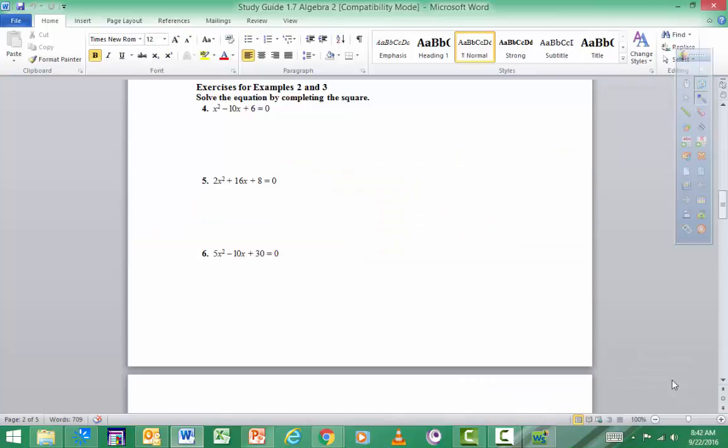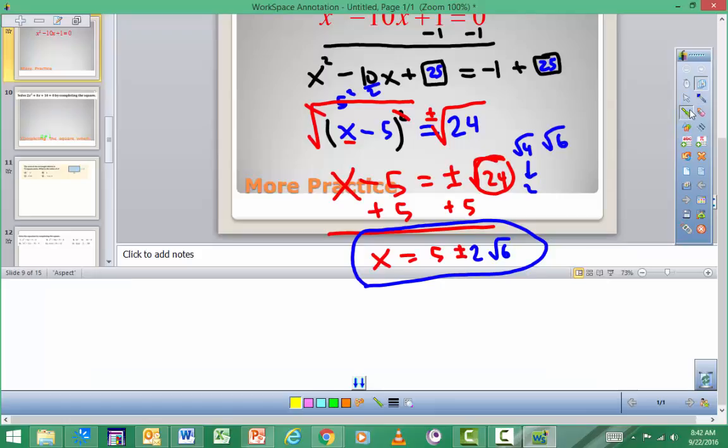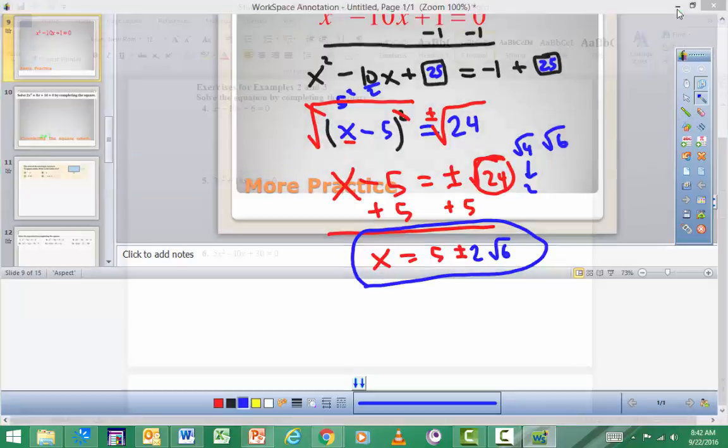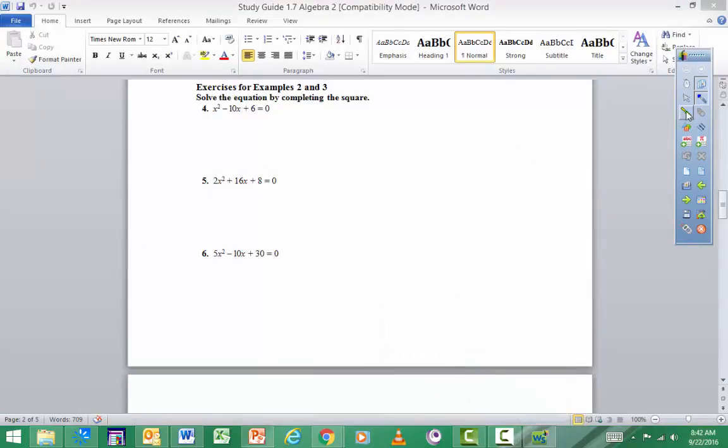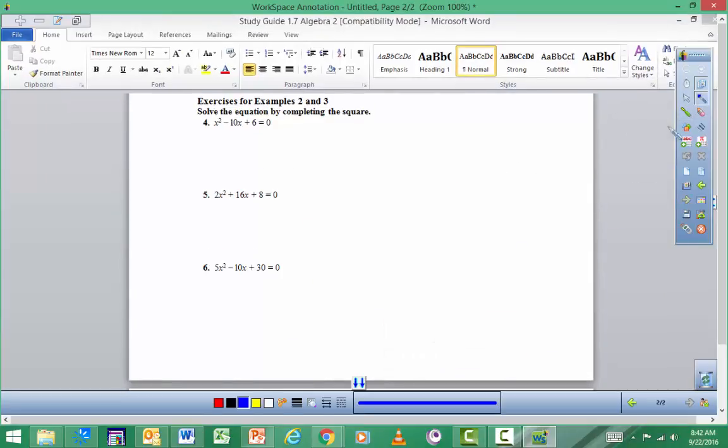Okay, so let's take a look at number 4. See if you're doing this right. Okay, so the first step is to move the 6 over there, right? So you're going to end up with an x squared minus 10x.